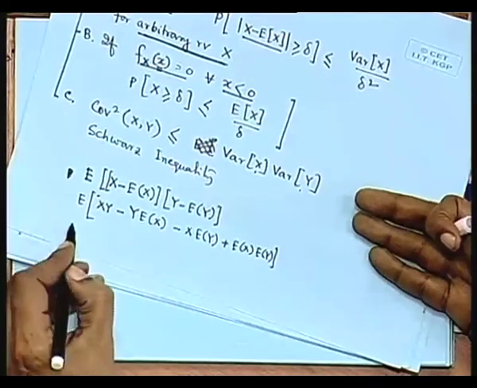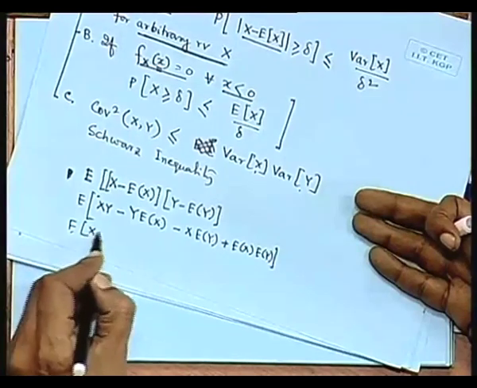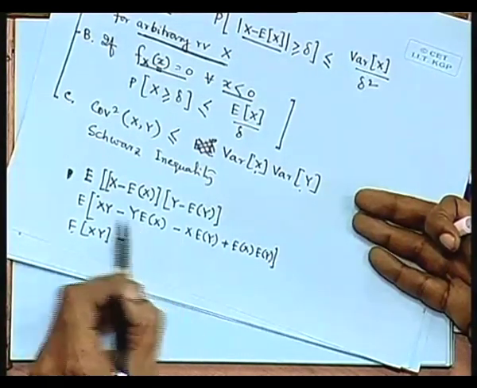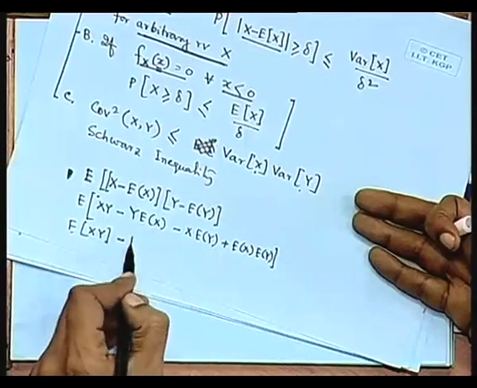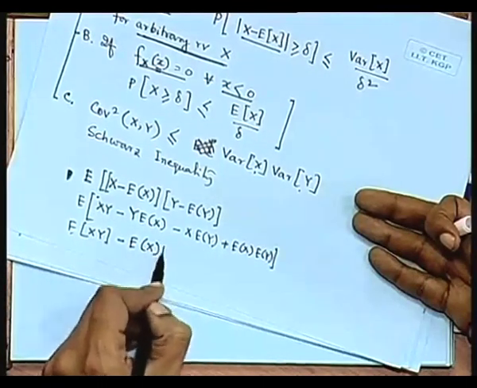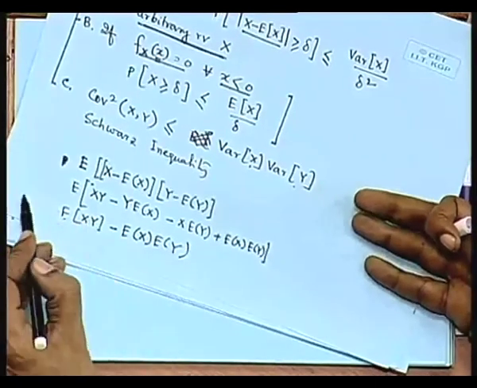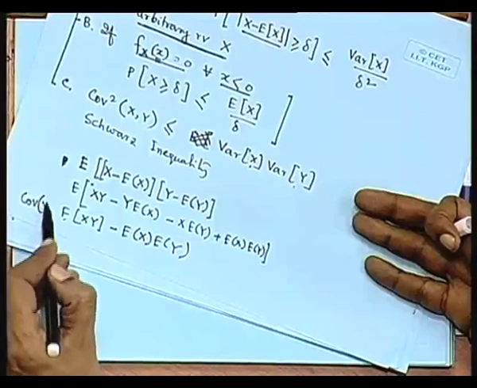If you take expectation now, you will get expectation of xy minus expectation of x into expectation of y. So this is your covariance xy.